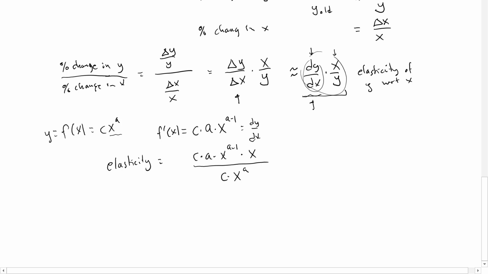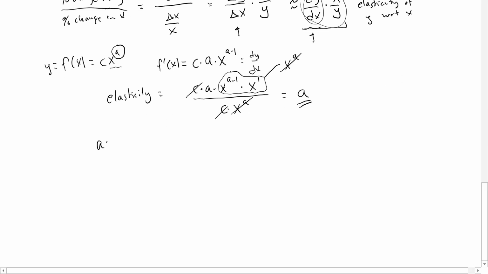x to the a minus 1 times x, we can put a little 1 here. Remember, we just add the exponents, so this product is just x to the a. So this will cancel with this, c will cancel with this, and it's just a. So we can see that this exponent is indeed the elasticity.